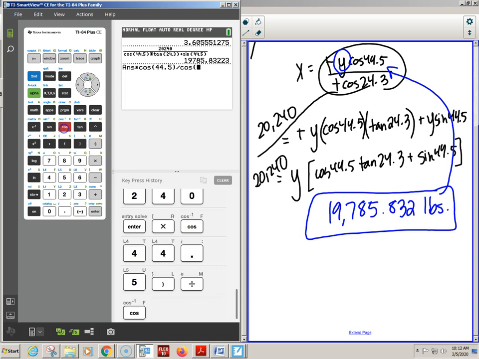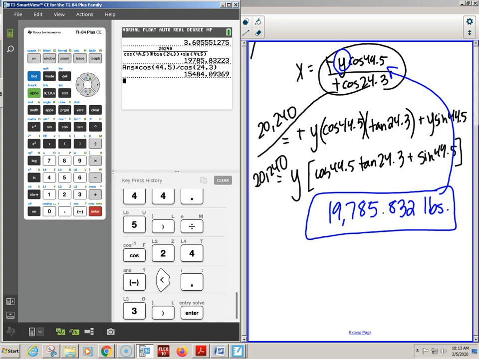Divided by cosine of 24.3. Oops, not negative. The math says, dang, it's not a strict addition or subtraction as far as who's holding what of the 20,240.